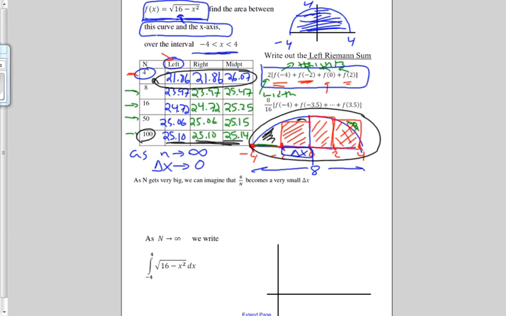what we do, over the interval from a to b with n intervals, b minus a over n is my delta x.